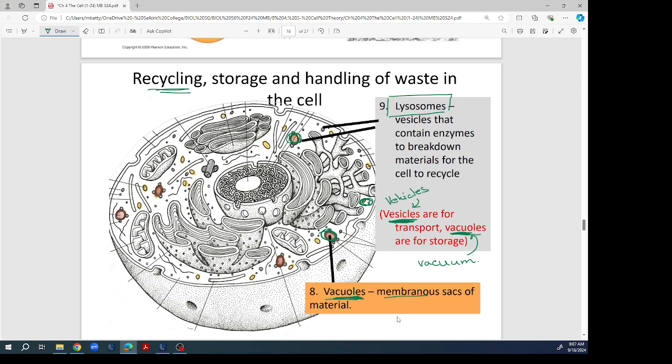And the key thing there is that it contains enzymes. So they basically are where macromolecules can be broken down into monomers to recycle those really valuable monomers. If you remember enzymes, skill testing question, what kind of macromolecule are most enzymes? Proteins. Remember that's the answer when you're half asleep and I ask a question.